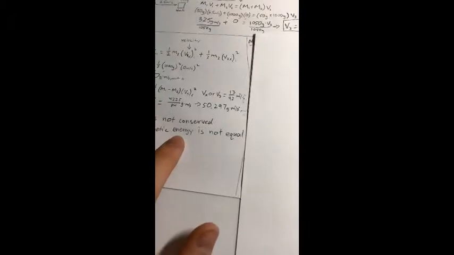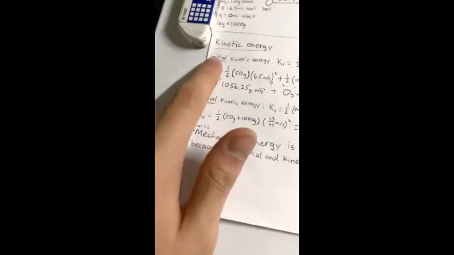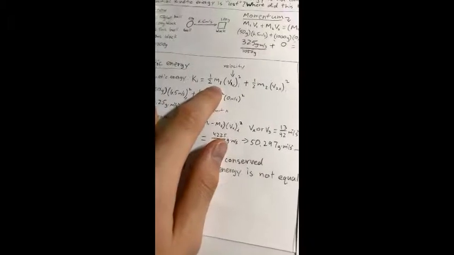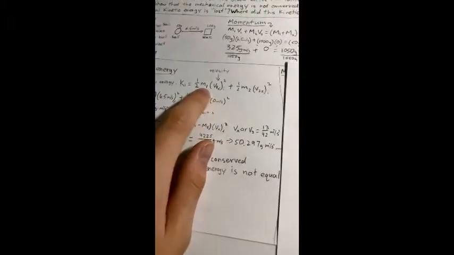The next thing we want to look at is kinetic energy. We talked about this during class, and for this, we need to find the initial and final kinetic energy. The initial kinetic energy equation is one we're all familiar with.